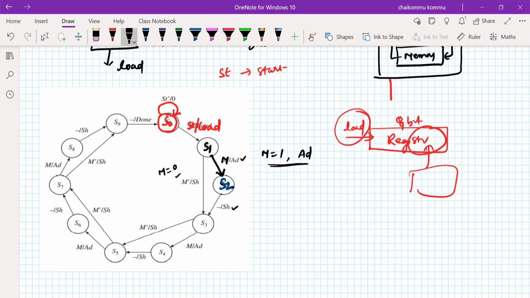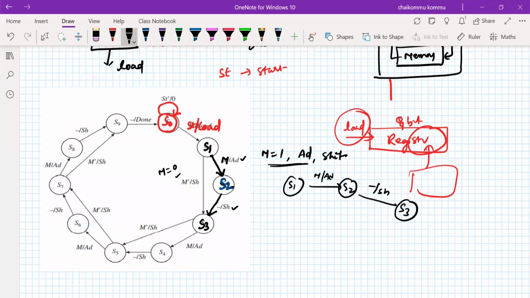So after the shifting operation is performed, it goes to the next state called S3. Do you understand? If M is equal to 1, the add must happen and the shift must happen, both. So from state S1 you go to S2, and without checking anything, the shift operation is performed, then you go to the S3 state. That's what happens.